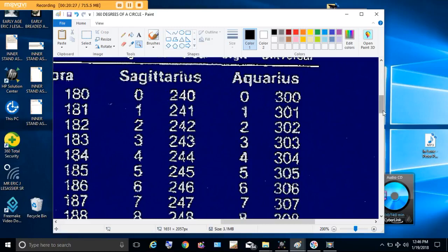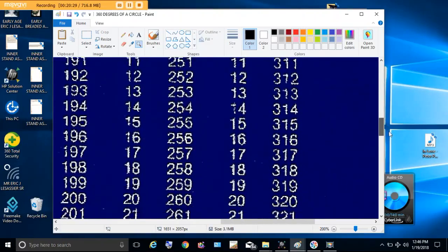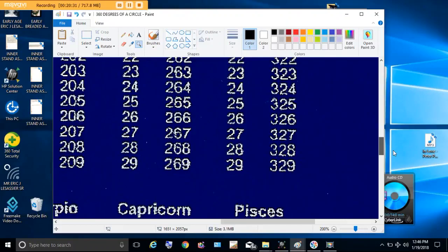All right, so as we progress to the 29th degree of that sign, okay, the end of the Aquarian season is only 30 days to a month. Then the 29th degree is the final day of that month. Okay, because 30 is the beginning, the 0 degrees of the next month. So we ended at 29, and 29 is 329 for the Aquarian season.